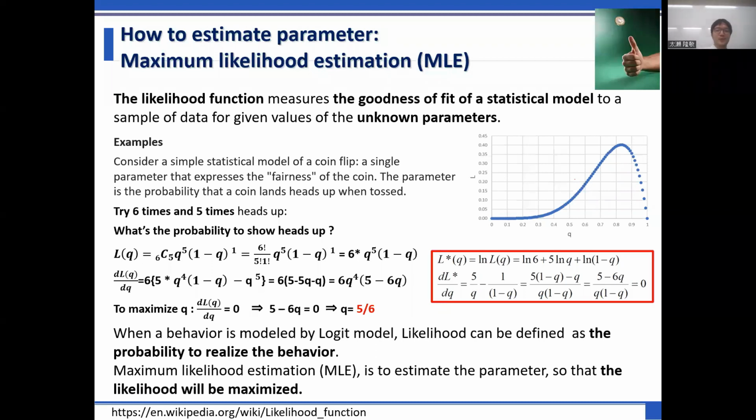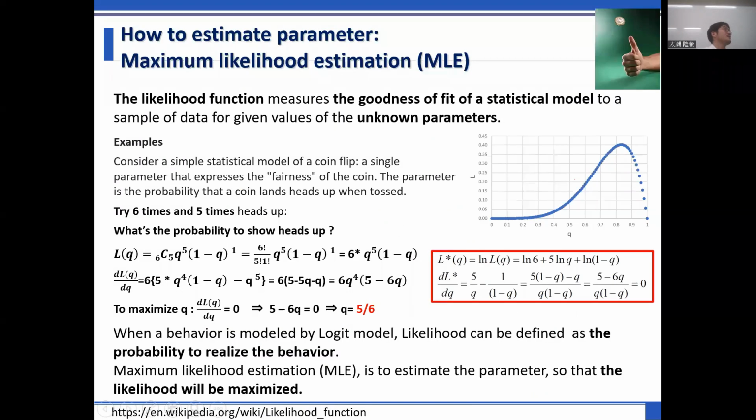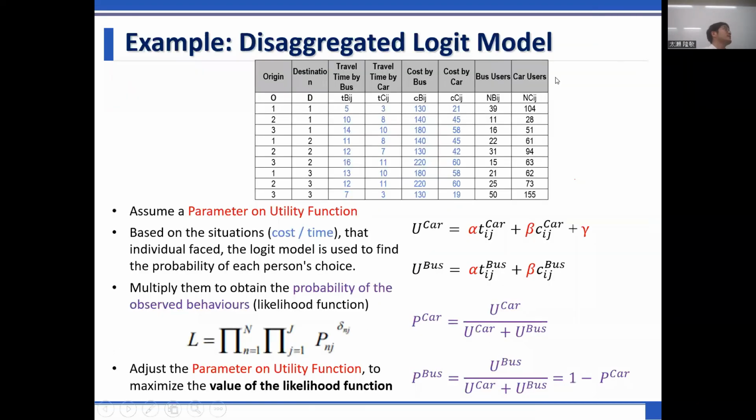I think it is a little bit unclear for you. However, it is better to explain it the same as the previous aggregated logit model. Here we assume the parameters on the utility functions, the same as the previous aggregated models.